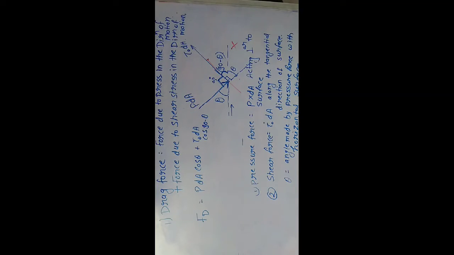But here we have calculated for a small elemental area. For the complete body, I have to integrate: the integration of PdA cos theta plus the integration of tau 0 dA, where cos 90 minus theta is sin theta.